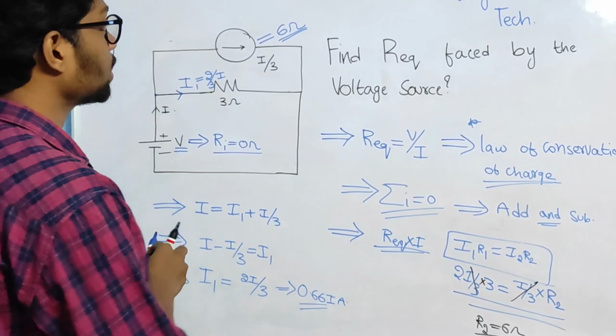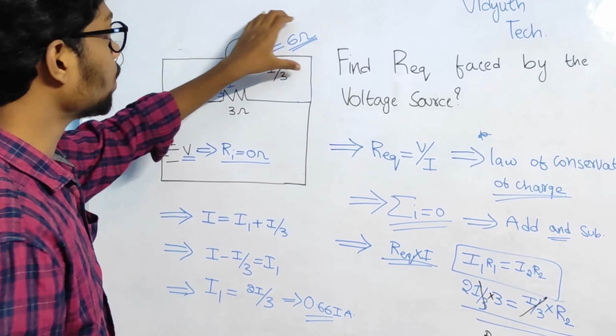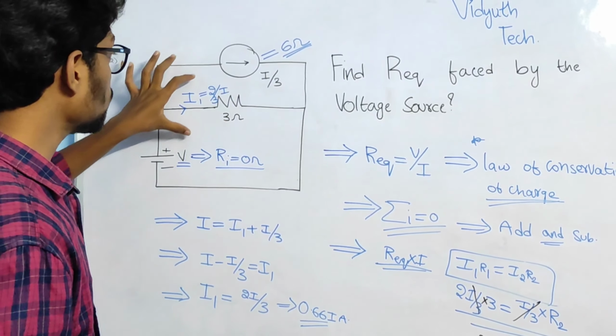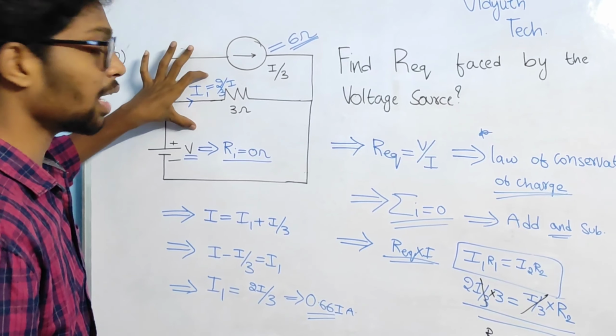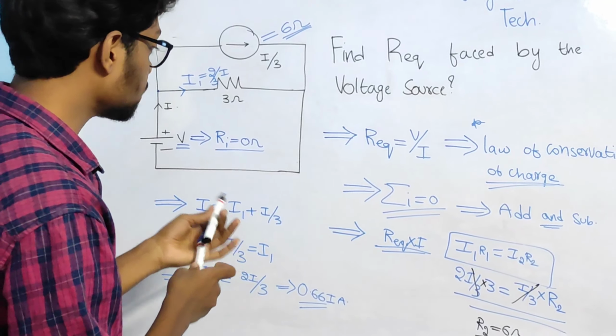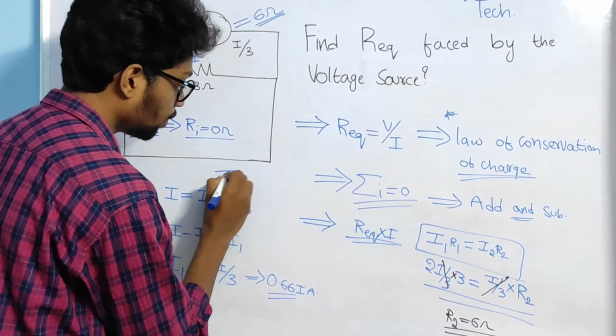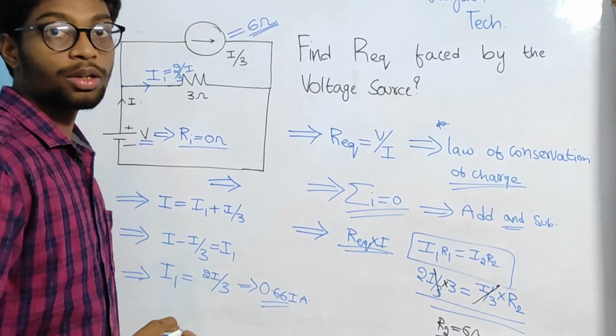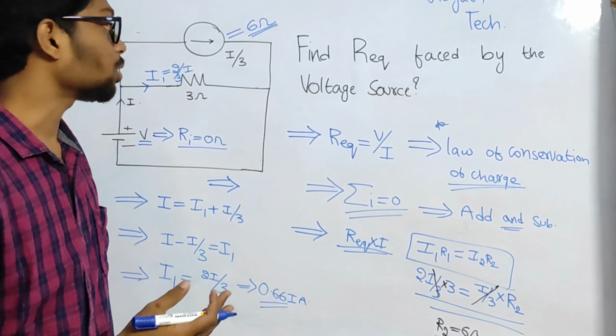As this is a 6 ohm resistance, this branch resistance is 6 ohm. So 6 ohm and 3 ohm are connected in parallel. The equivalent resistance when two resistances of unequal value are connected in parallel is R1 R2 by R1 plus R2, right?